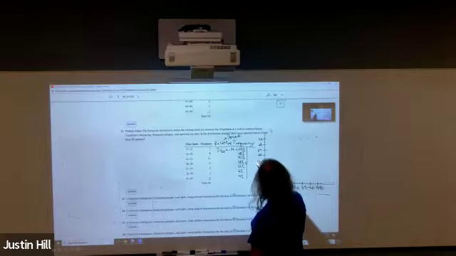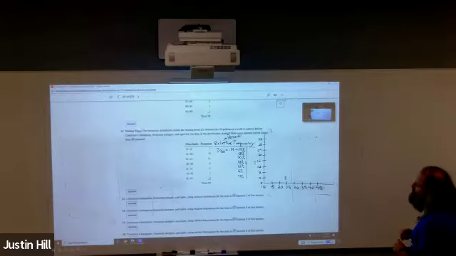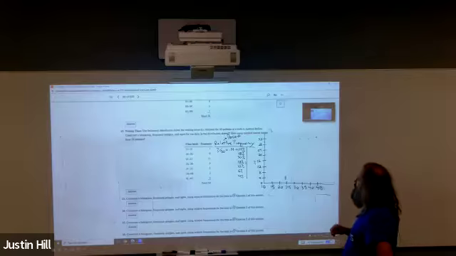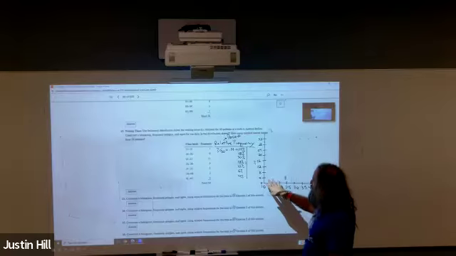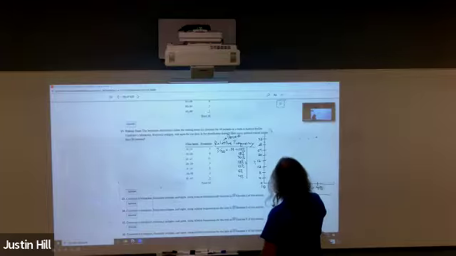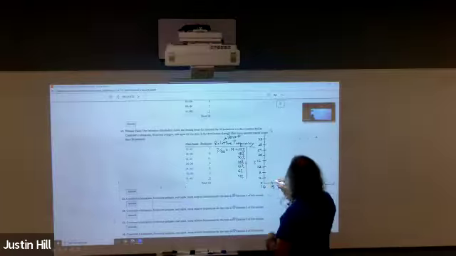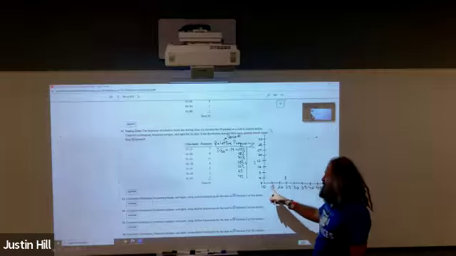So these are all percentages. Then 11 to 15 was 14%. I guess we'll go ahead and have these meet. I'll be honest on this one.